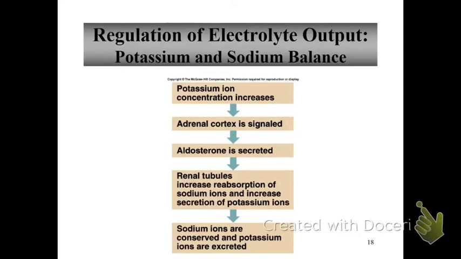They flip-flop. So potassium ion concentration increases, and then you can see you secrete aldosterone, and then sodium increases, and then secretion of potassium ion. So just know that they're flip-flopped.